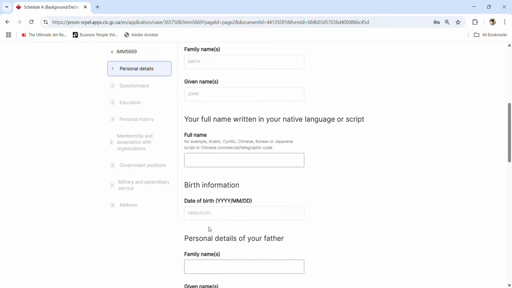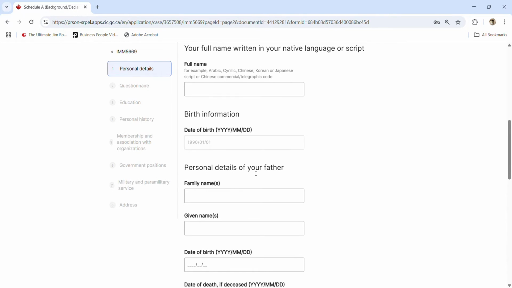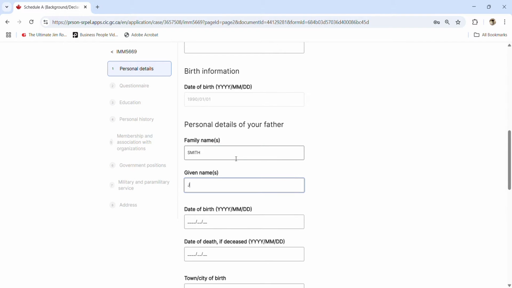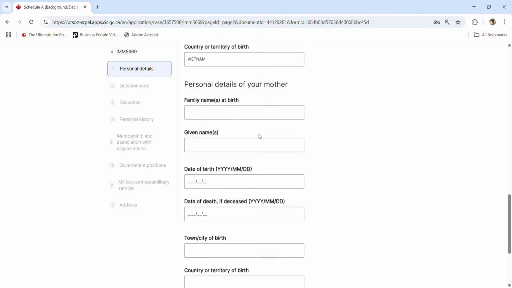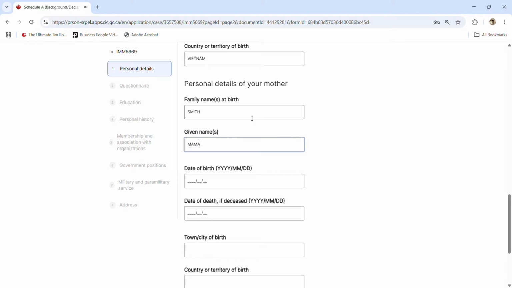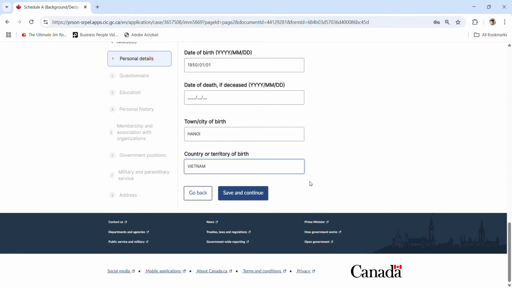Birth information comes up directly in here, and then personal details of your father, Papa Smith, Hanoi, Vietnam, and personal details of my mother, Mama. Okay, and then save and continue.